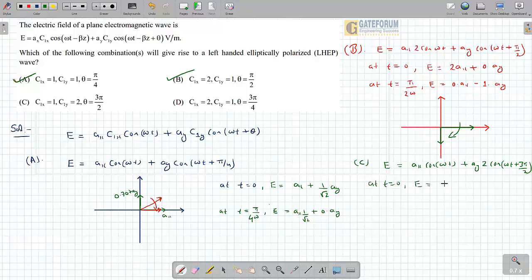E will become Ax, and cos of 3 pi by 2 is 0, so that is 0 times Ay. At t equal to pi by 2 omega, E will become cos pi by 2, that is 0 times Ax. And this is pi by 2 here, and plus 3 pi by 2 will become 2 pi, so it is 2Ay.